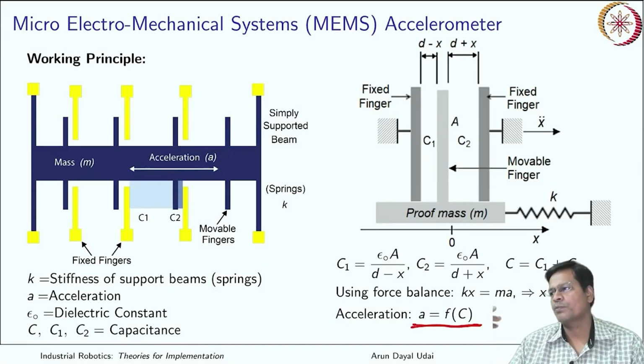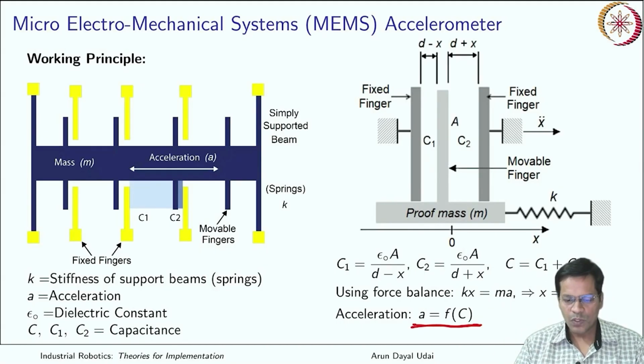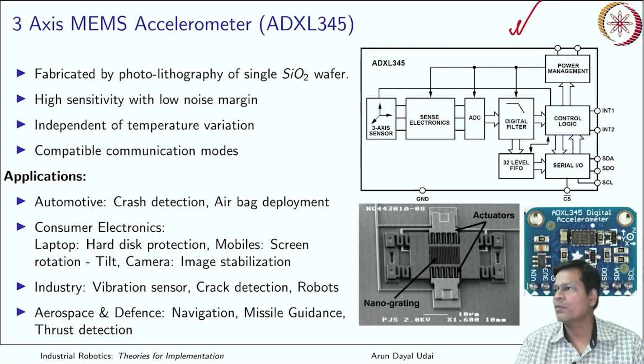If you have some pickup which can measure current, you can back calculate how much my acceleration was, because acceleration is now a function of C after doing all this exercise. So this is how acceleration can be estimated. So what goes behind here is something like this. The circuit you are seeing here is of the 3-axis MEMS accelerometer ADXL345 made by Analog Devices.